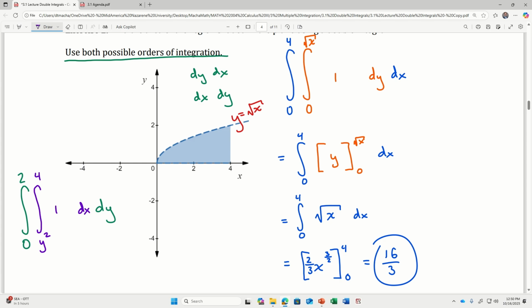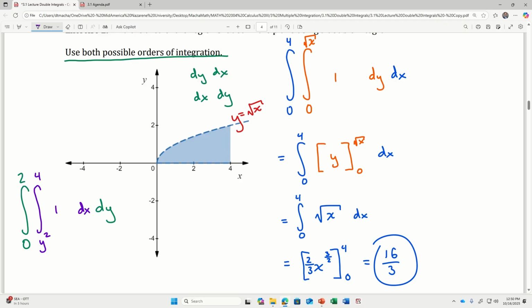So we don't want any variables in the bounds of the outside integral. So instead, I make the bounds of the outside integral constants. And in terms of just the constant numbers, y can go from 0 to 2.